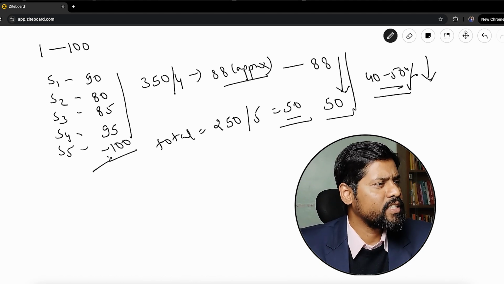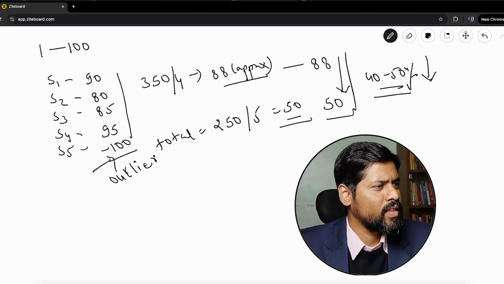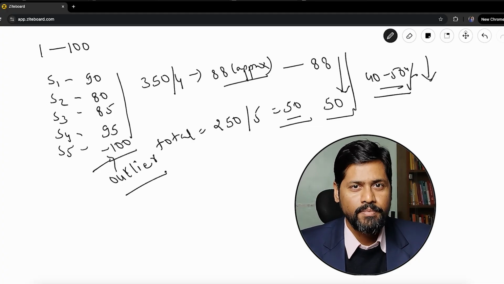This minus 100 is basically the outlier number. So this one extreme score results in a huge error in our system as compared to other numbers. This is the negative impact of such outliers.